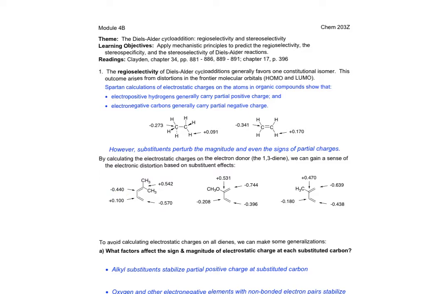There is also a strong effect with a methoxy group, where the electron withdrawing effect of an electronegative oxygen is counteracted quite strongly by electron donation from non-bonded electron pairs, so that not only is the carbon attached to oxygen electropositive, but the adjacent carbon of the alkene is strongly electronegative. The effect follows the same trend with an alkyl substituent, but it is less dramatic.